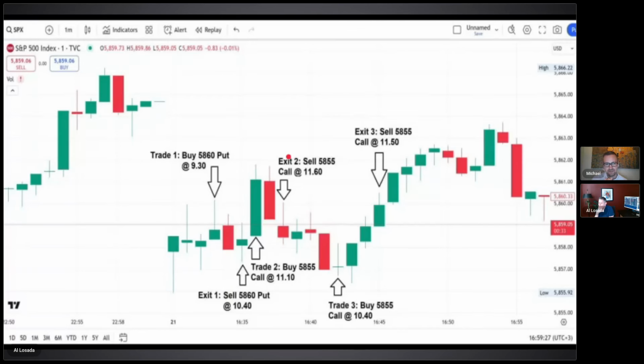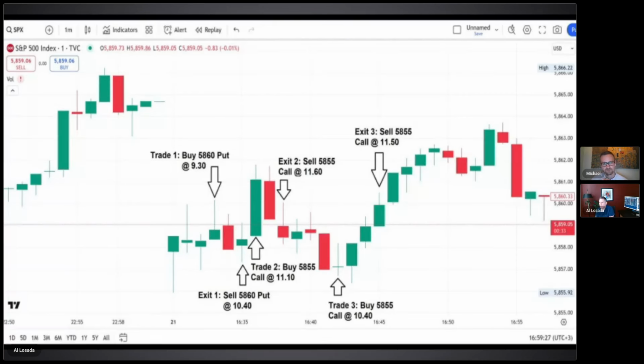So it made sense to go into a call, and then it did. The moment we entered, it did a nice bounce to the upside, and unfortunately, I was a little bit late with selling, so I could get out only for a profit, in this case of 50 cents. But this was the reason why I changed direction here.